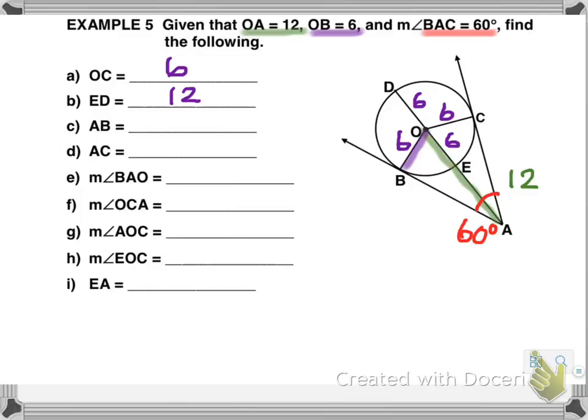AB. AB is a line drawn from an external point that is tangent to the circle at point B. And we know from a previous theorem that there is a right angle at point B. We'll use that to find AB. We'll use a squared plus b squared equals c squared.